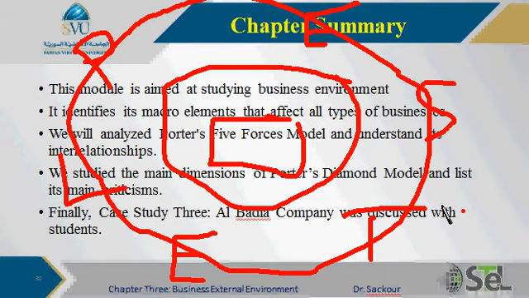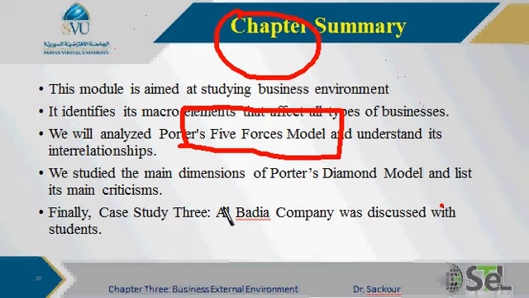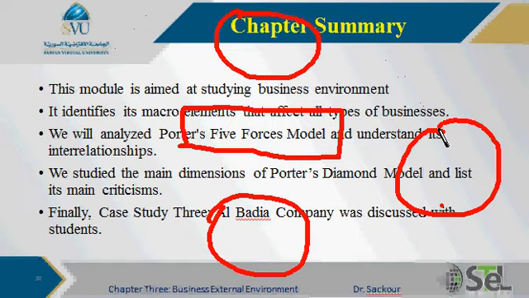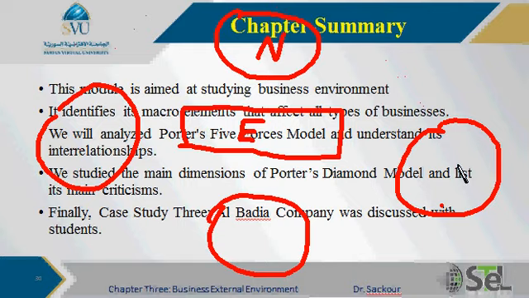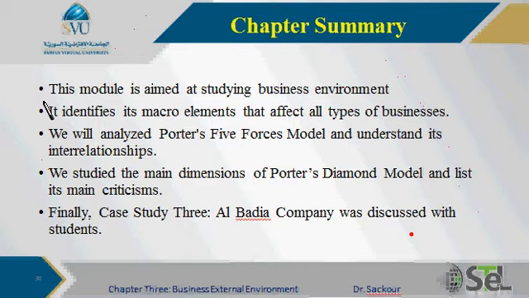Then we analyze Porter's five forces. We said that there are five forces: existing players, new entrants, buyers, suppliers, and substitutes. Then we discussed the Porter Diamond, in sections 1, 2, 3, 4.